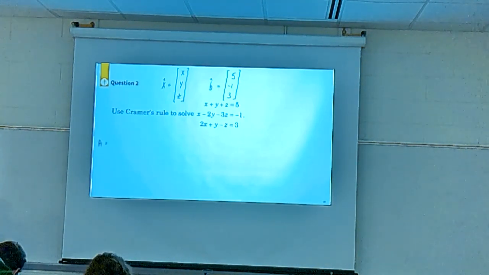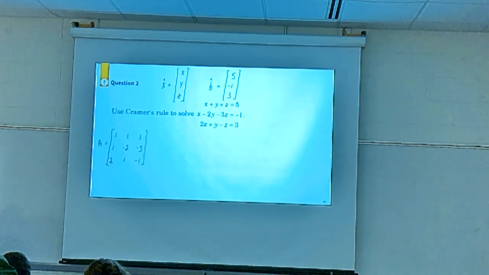What's A? 1, 1, 1. Go by row. 1, -2, -3. 2, 1, 3.